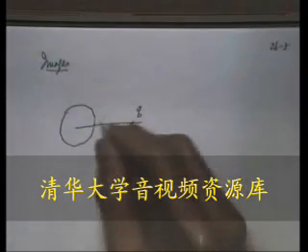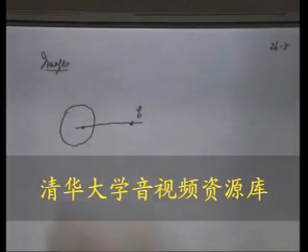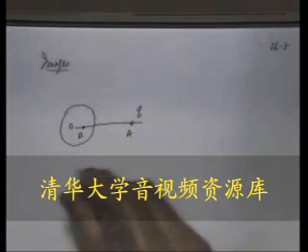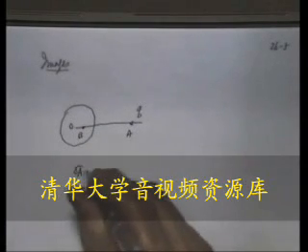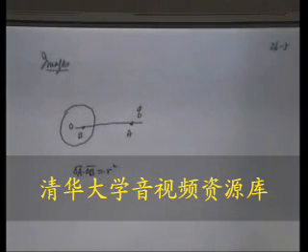And the way to do it is first find its image. The image is such that if this is O, this is B, this is A, OA times OB is equal to R squared. So since you know OA, you know R squared, you know OB. So you know where the image should be.